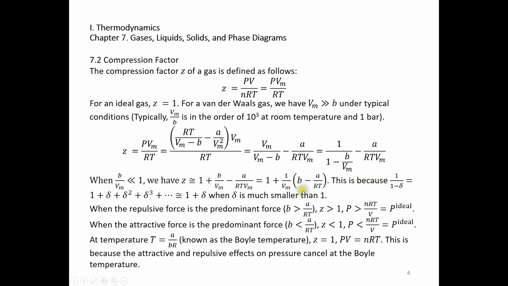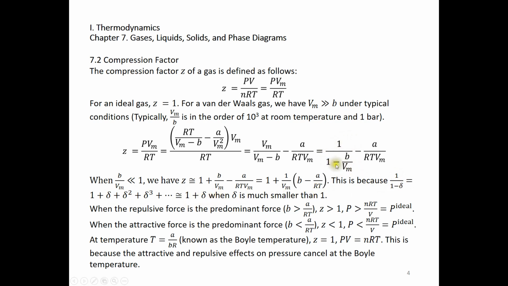Here we have a mathematical equation: 1 over 1 minus delta, we can expand it to 1 plus delta plus delta squared plus delta cubed, etc. when delta is small. And if delta is much smaller than 1, delta squared and delta cubed are much smaller than delta. Therefore, we can approximately say 1 over 1 minus delta is equal to 1 plus delta.